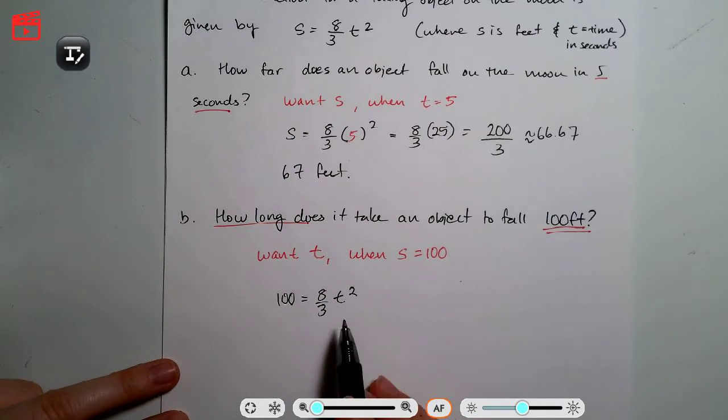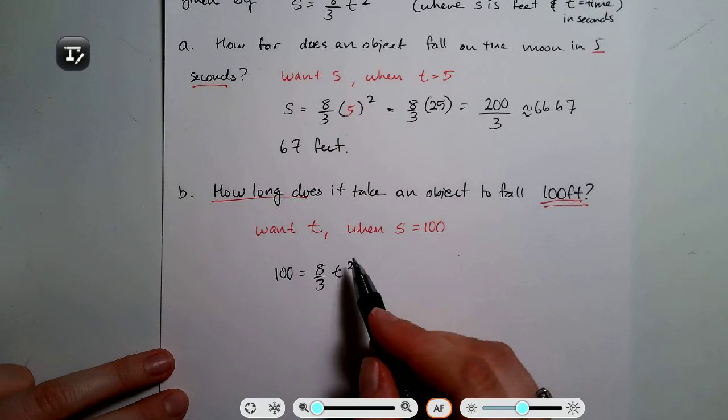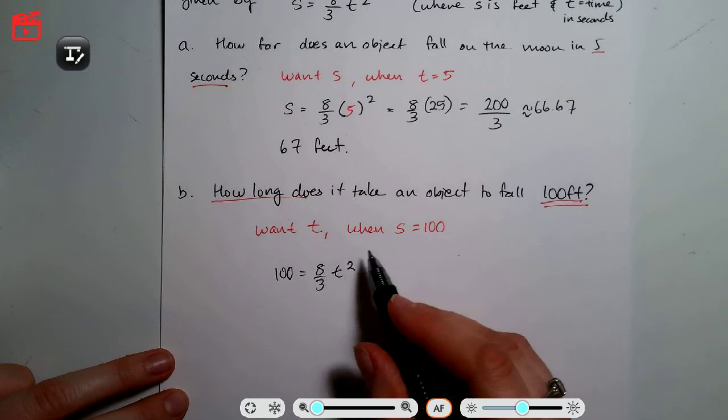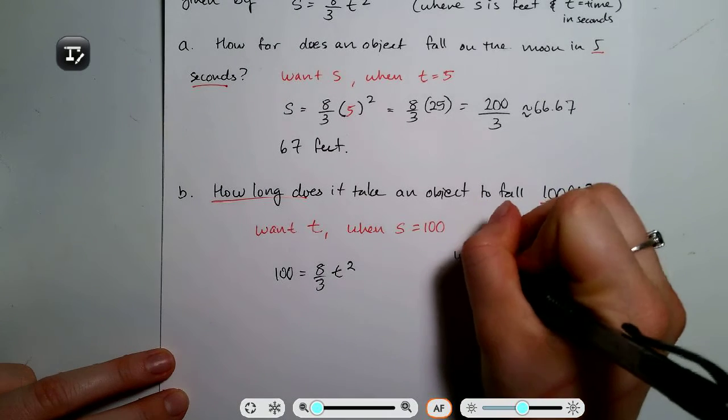Ooh, this is a quadratic. Remember, there are 2 ways to solve quadratics: square root property or the quadratic formula. Which method would you want to use here? Well, since I don't have the regular t value hanging out, I only have the t squared, I want to use the square root property.